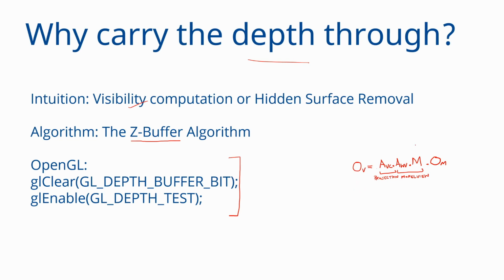So it is your job to construct the matrices M, AWV and AVC. These two you can take the help of GLM commands to get. These you must decide what operations you want to perform, whether they are rotations or translations or scalings or shear or reflections. You also have some GLM commands to help you construct these matrices, but then you have to multiply them all together to get one composite modeling matrix.